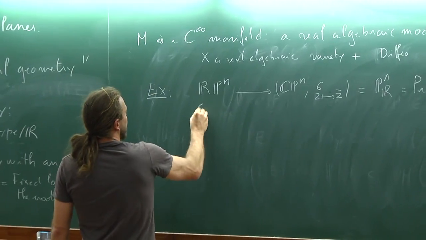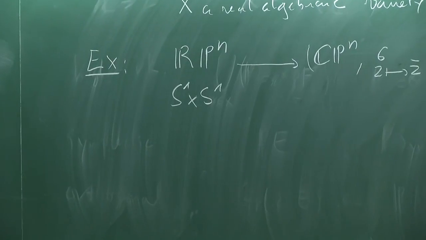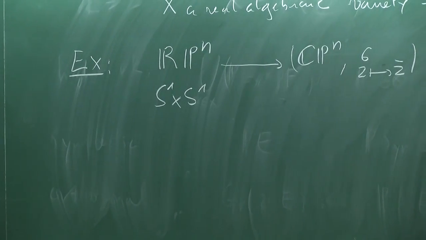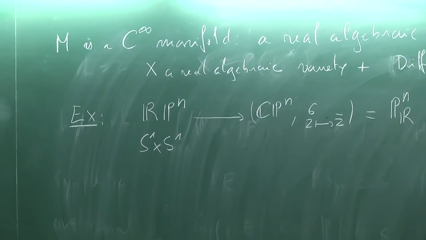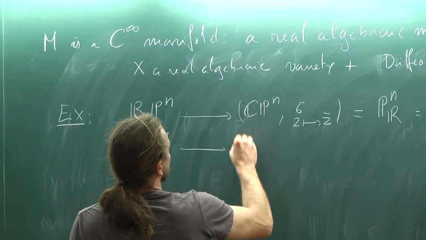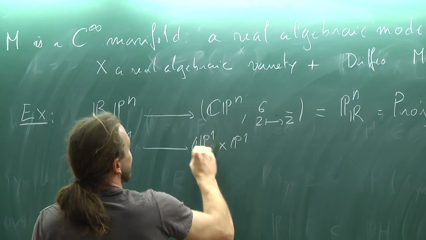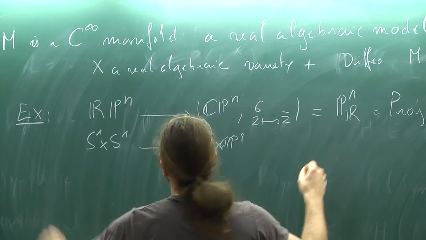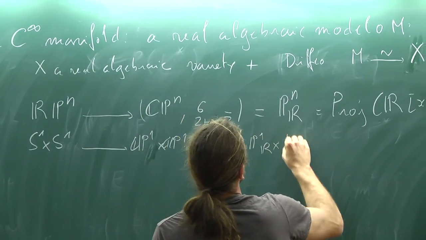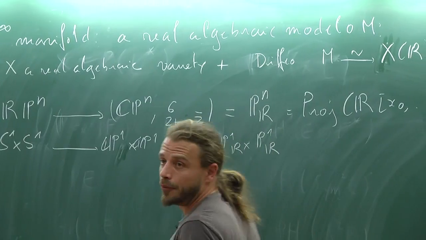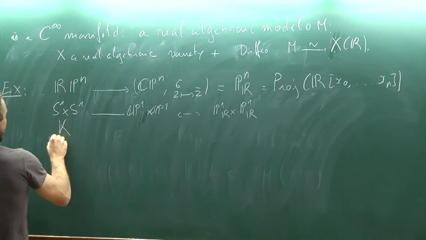Okay, let's look, for instance, at S^1 × S^1. Then a natural algebraic model of S^1 is CP^1, right? So this goes to CP^1 × CP^1, and in the other language, this corresponds to P^1_R × P^1_R, right? A funnier example, okay, the Klein bottle.